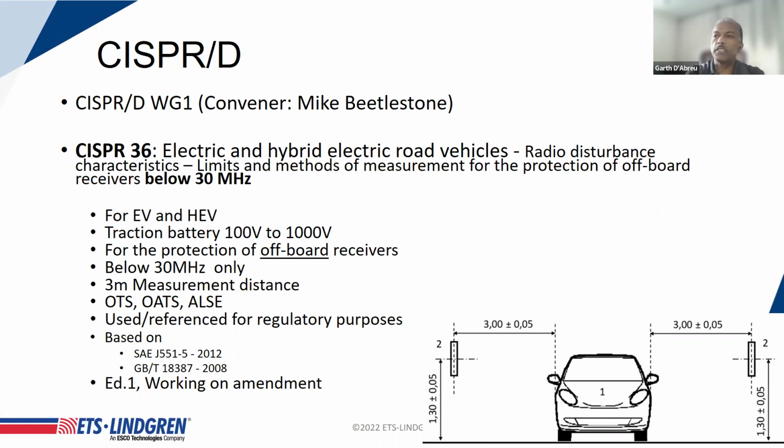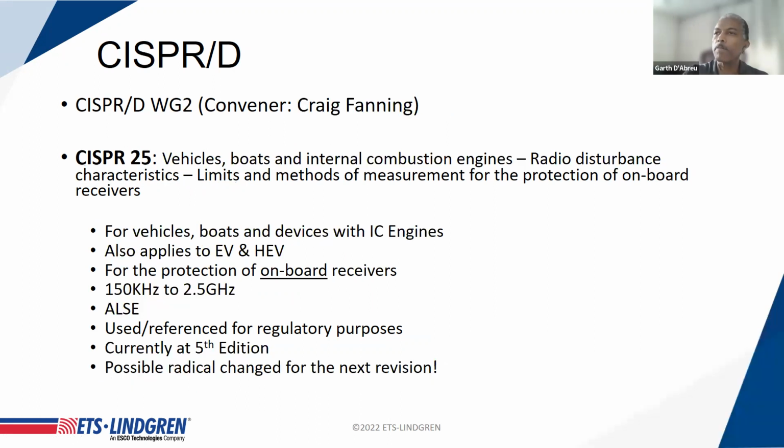The range of tests is only up to 30 megahertz, uses magnetic loops at a 3-meter test distance, although the protection distance is out to about 10 meters. The test in an anechoic chamber is actually done at 3 meters. And within the standards community, there's work being done on the amendment or the next revision of this document at the moment.